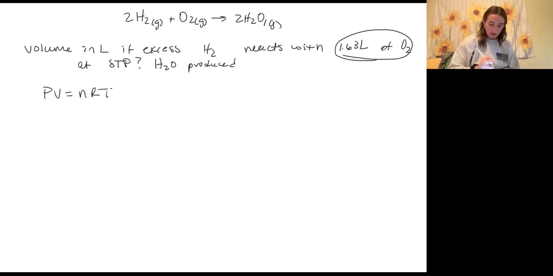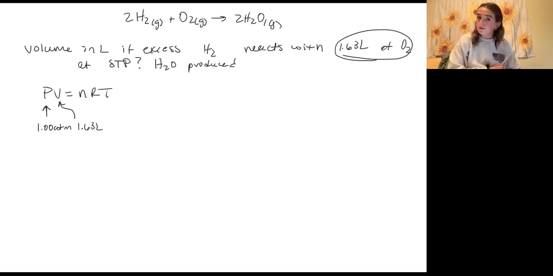So if we use PV equals nRT, we know pressure because we're at STP. Did she give that to you? Yes, she gives you that pressure is 1.00 atm. Do we know our volume? Yes, we do, right? This is the 1.63 liters.